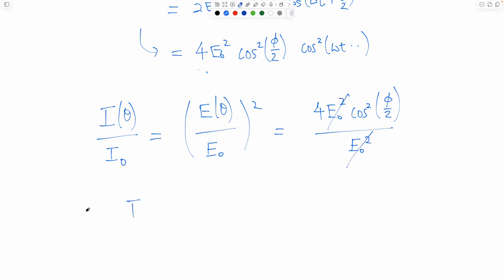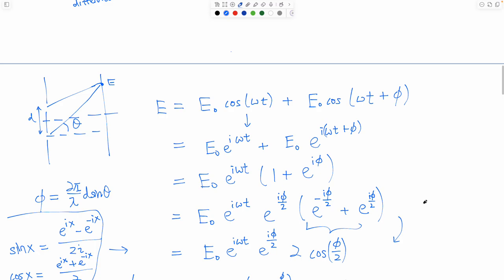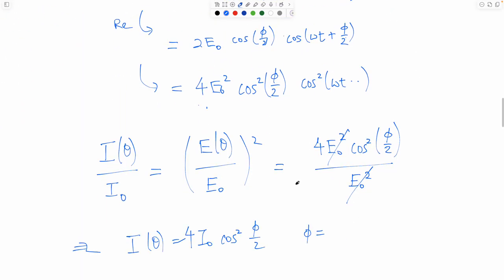So we can write the final function I of theta as 4 I naught cosine squared phi over 2, where phi is equal to this stuff on top, 2 pi over lambda d sine theta. So it's simply, the 2 and the 2 will cancel, pi over lambda d sine theta.